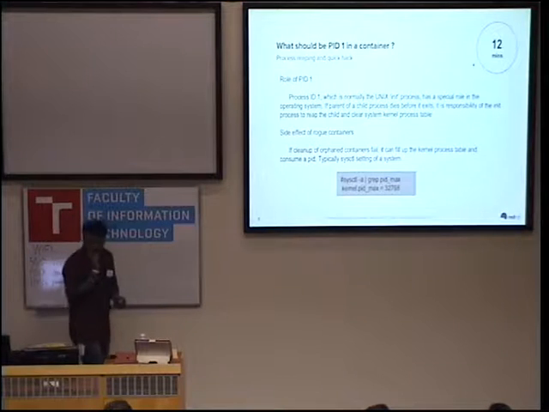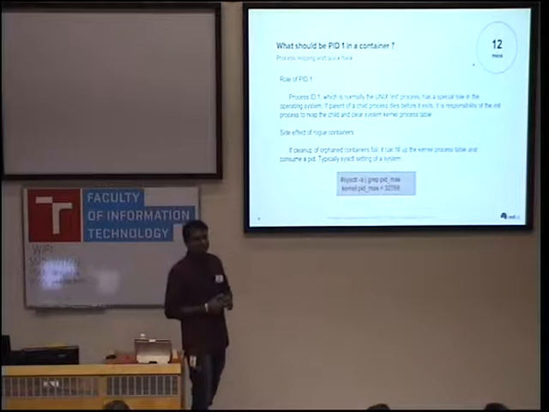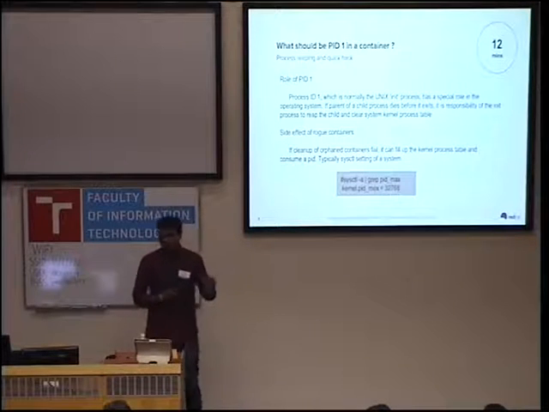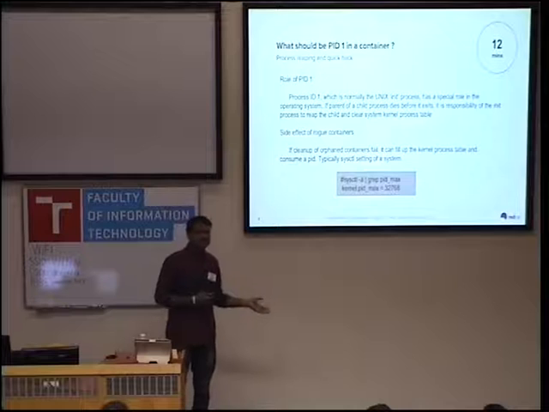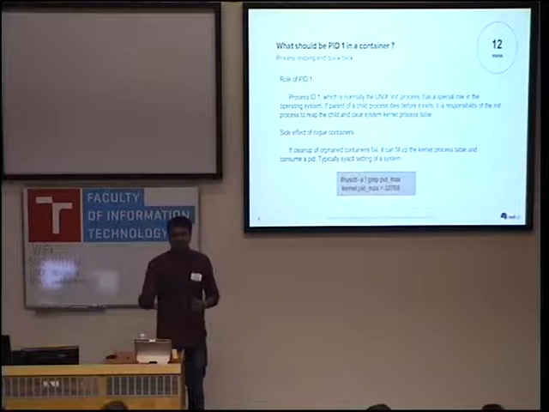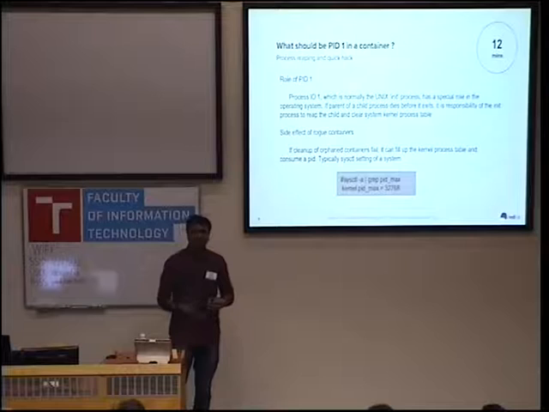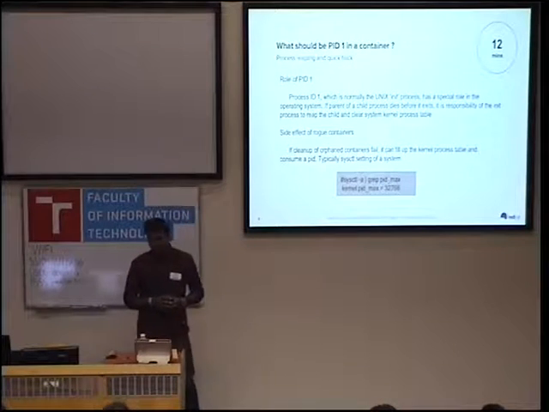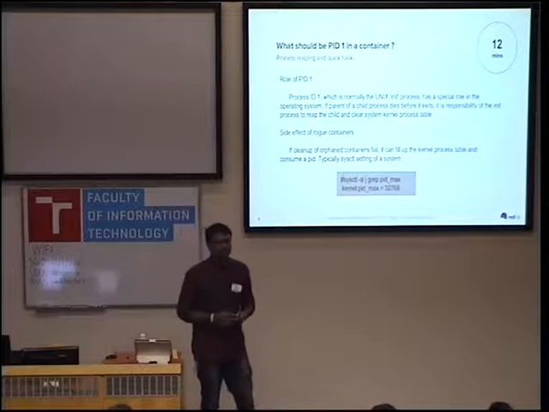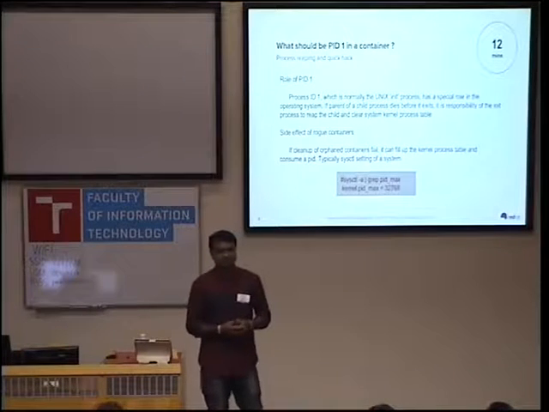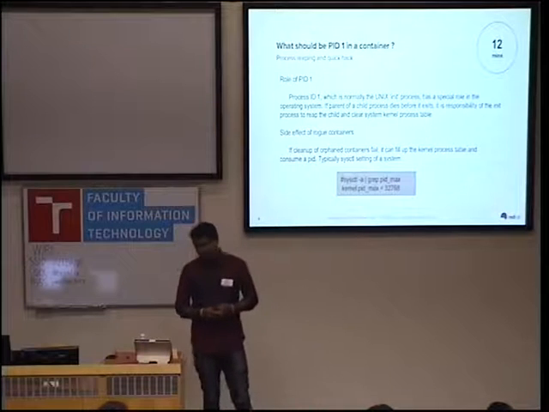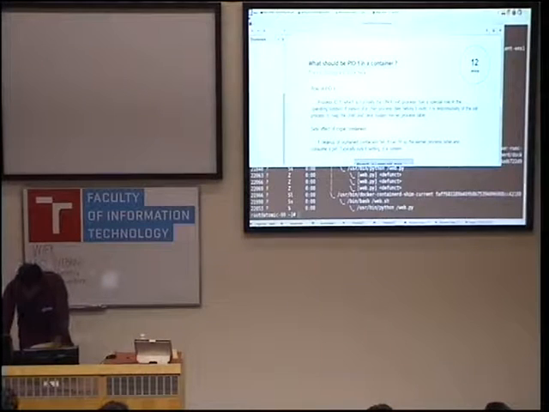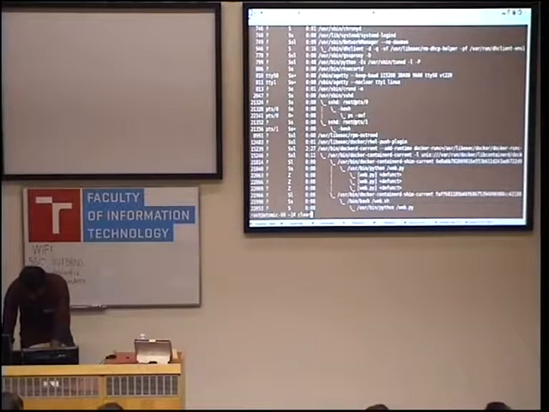So PID1 has an additional role of process reaping. Now what happened to the other container, where you have the bash script or the bash shell as the PID1? This bash shell has an additional property where it can actually reap its different children.